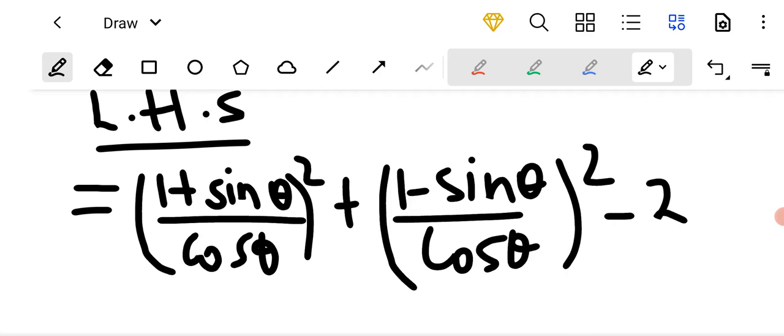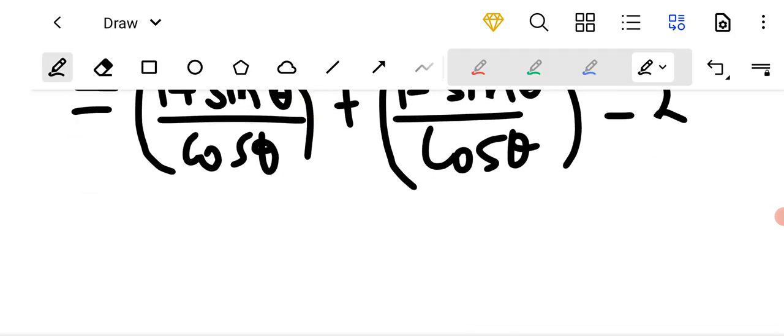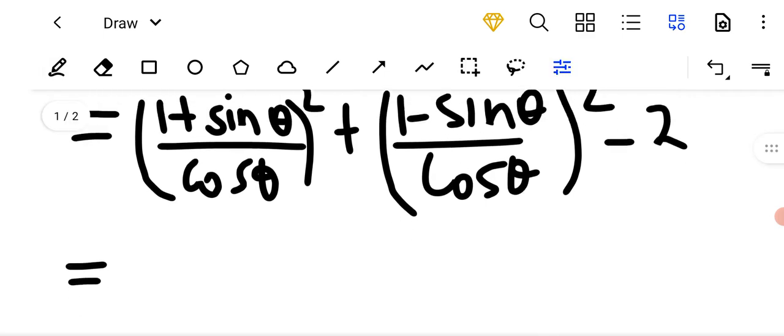Then what we're going to do is be very careful the way you expand this, because you can see the power 2 there. So be very careful. We're going to say is equal to, let's expand this.